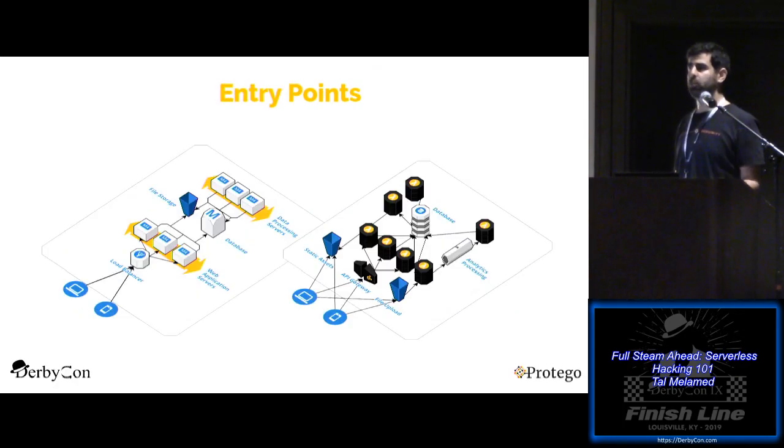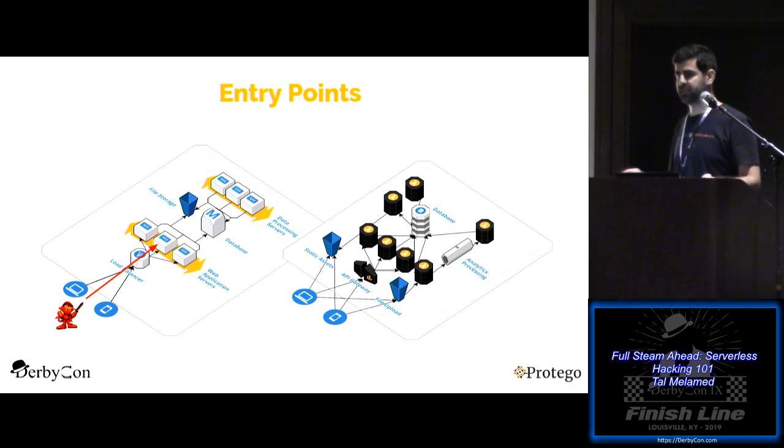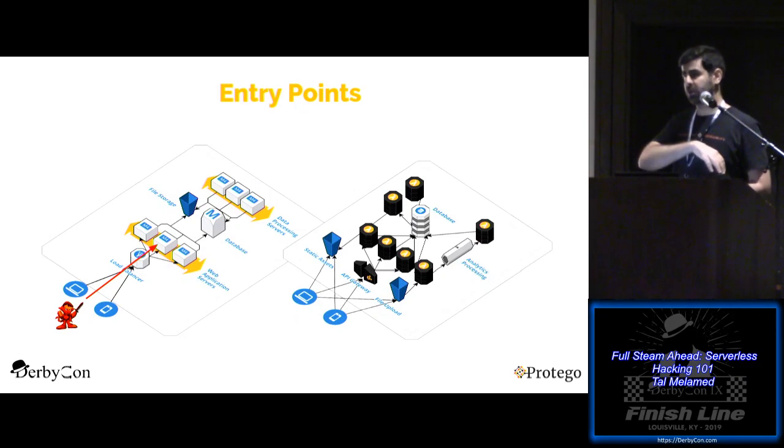Okay, so we know web applications. There is usually one way in, usually HTTP, could be TCP or any other protocol, where the attacker goes to try to exploit your application. And you're probably going to put all your security controls and all your guards on that entrance.